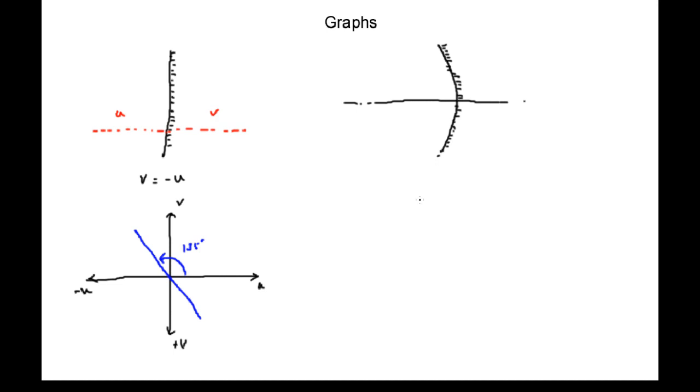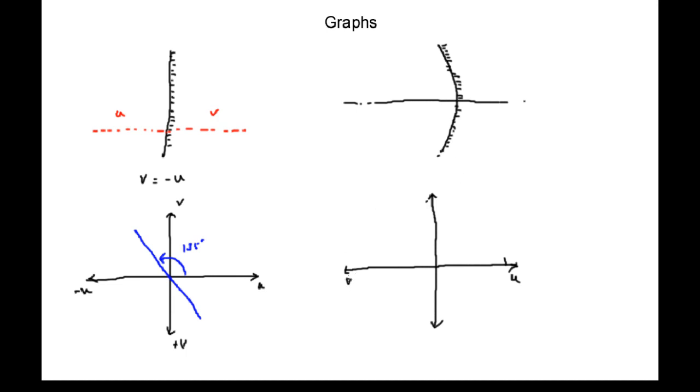Now if I plot the graph, this is u, this is v. The graph for the concave mirror is a rectangular hyperbola.